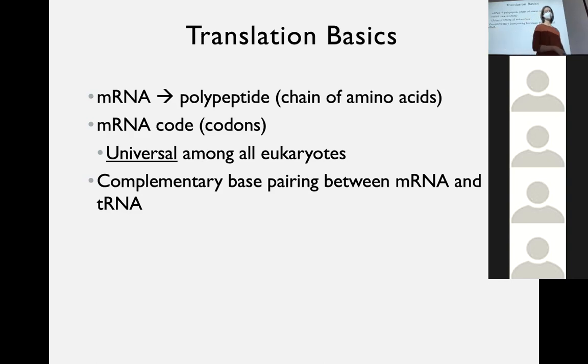I'll define the three different kinds of RNA on the next slide. We have new RNA types coming in, but still the same base pairing rules. It's still RNA, so we still have a U instead of the T. But the base pairing rules are the same.